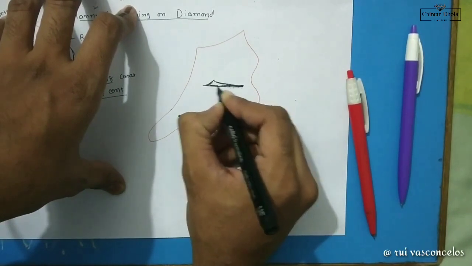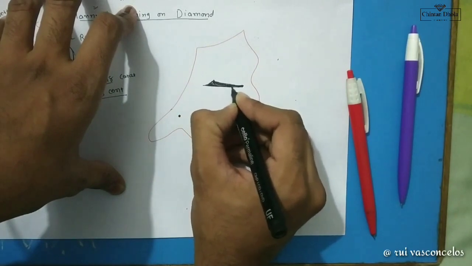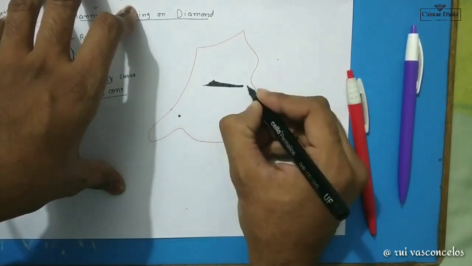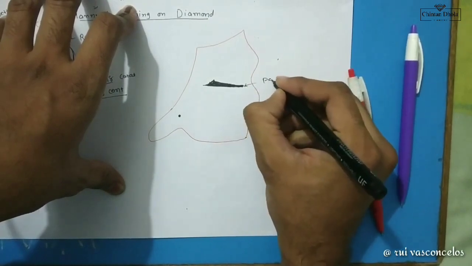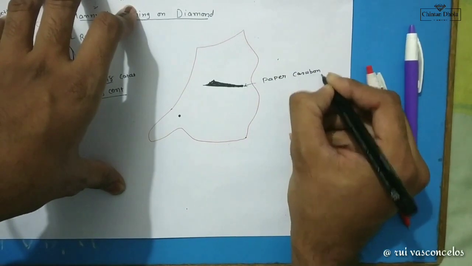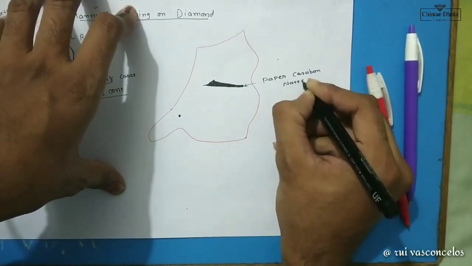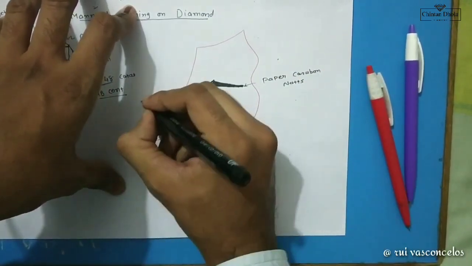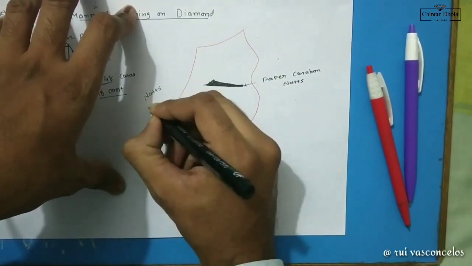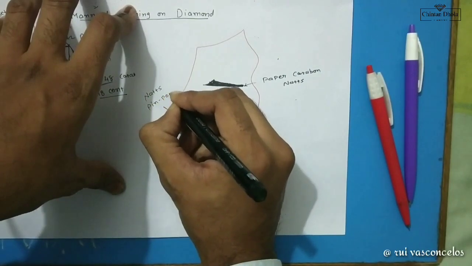If you have this type of diamond, what to do next? Now what is this? This is a paper carbon nut. And another one is a nut, but which type of nut? Pinpoint nuts.